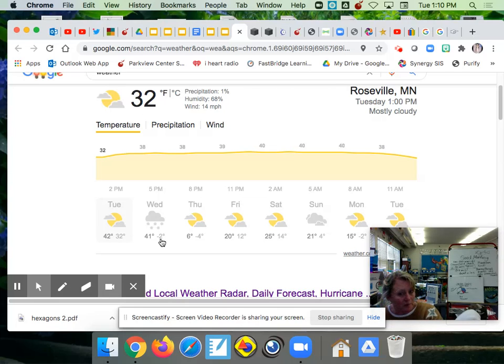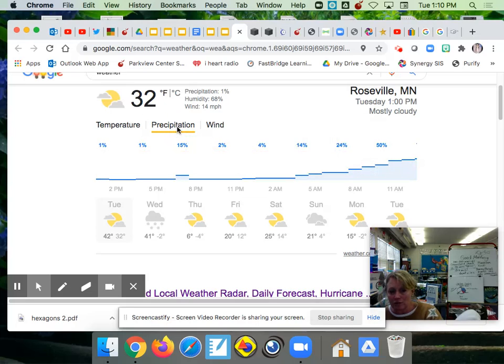Now, I hope you've been looking at this weather site with your teacher as well. You can go here to temperature. You can go here to precipitation. Oh my gosh, and look at this chart that's showing us what's happening today with this precipitation. You can see the graph going up.